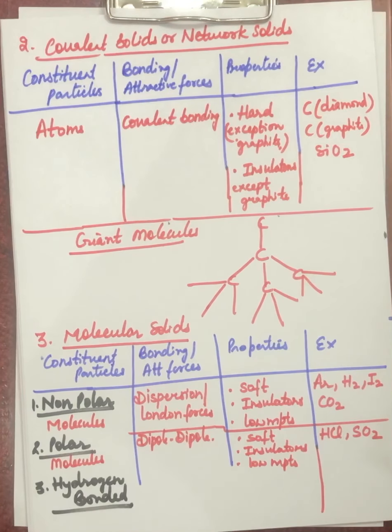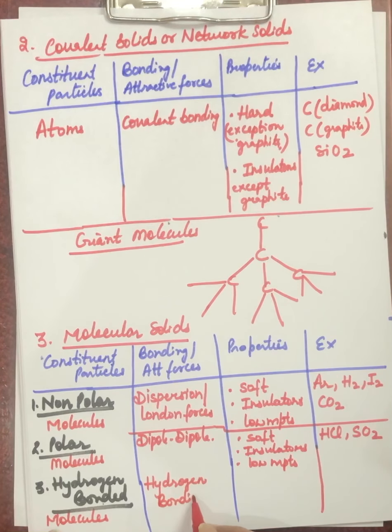The third category is hydrogen bonded. In this category also, the constituent particles are molecules, but now a word bond is here, hydrogen bonded. So little stronger forces are there which are known as bonds, and these bonds are called hydrogen bonds.